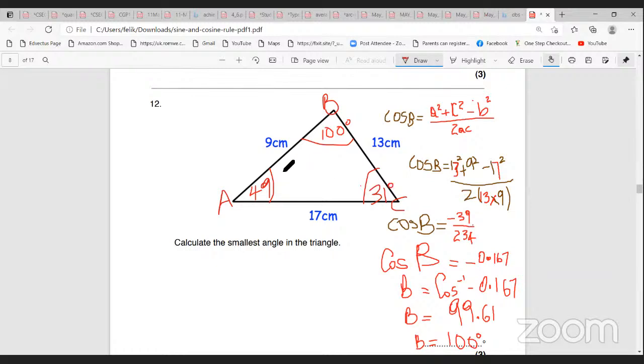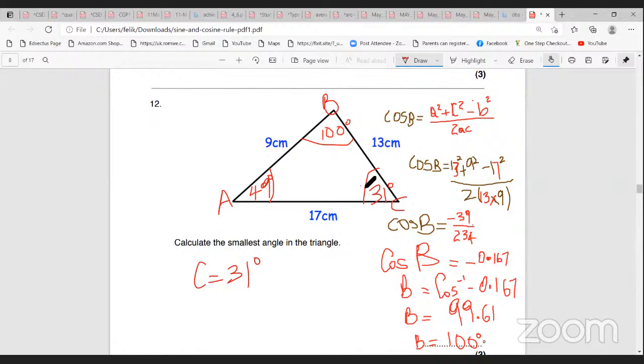So one thing that we did last night was to find two of the angles, and then that would have given us the third angle. So they say calculate the smallest angle in the triangle. What's the smallest angle? 31 degrees. However, we could have done this a shorter way. Next time you do this question, look at the sides.